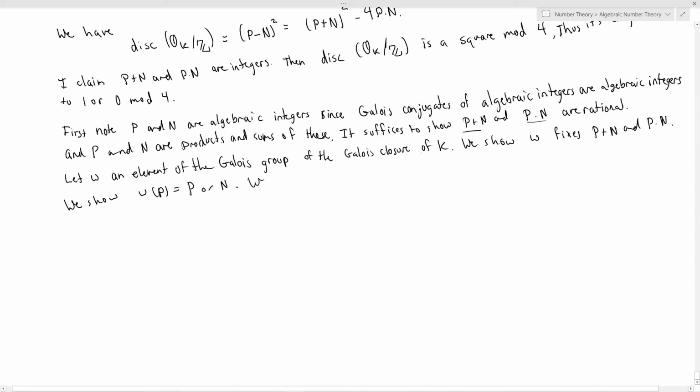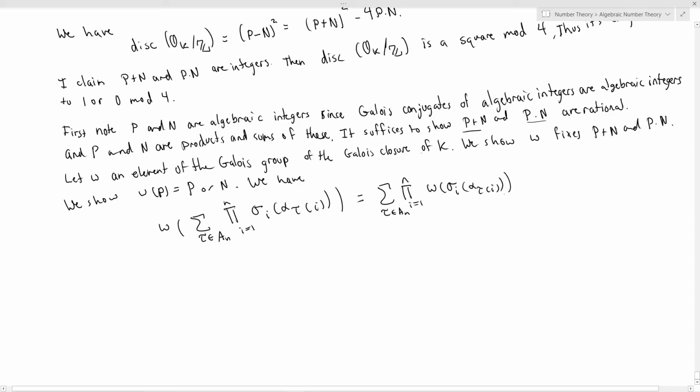So we have omega of, let's say, P, omega of P is the sum over tau in A_n of the product i equals 1 to n of sigma_i alpha_tau(i), passing through, since this is a field homomorphism, the sum over tau in A_n of the product i equals 1 to n of omega of sigma_i alpha_tau(i).